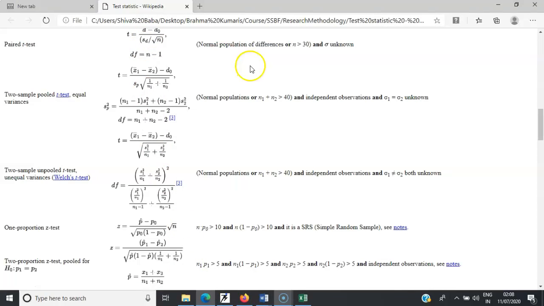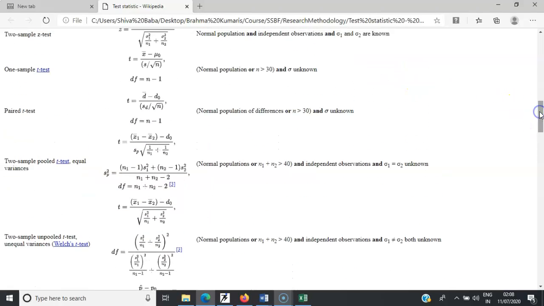To do the test, this is the way you can go about it: T equals D bar minus D0. So D bar is the difference of the score for the same sample after and before. Suppose before the training his score was 75.